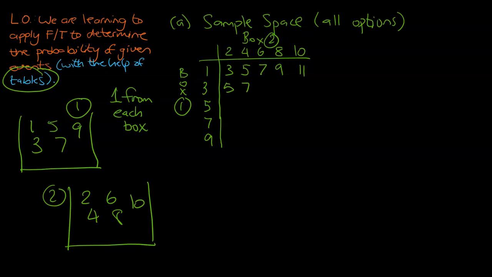And by completing this process, we would get every combination of numbers possible from drawing a random number from each of the two boxes. So there's 7, 9, 11, 13, and 15. Then we've got 9, 11, 13, 15, and 17.